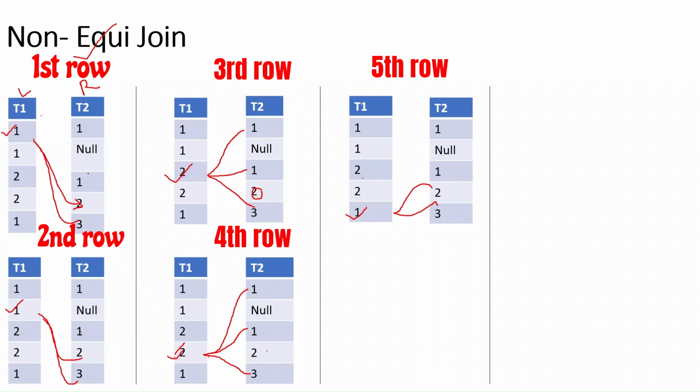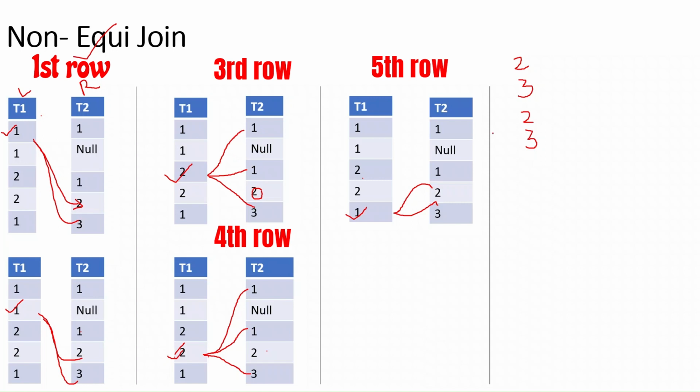Now write the output from the first row. What are we getting? 2 and 3. From the second row, when we compare in the non-equi join, we are getting 2, 3.